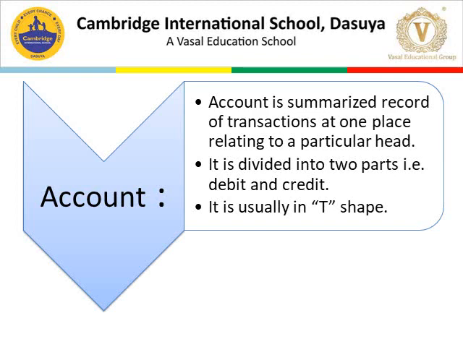It means all the transactions which we do day to day are recorded in the journal, and from the journal they are transferred to the particular account in which they are summarized, and they will be totaled over there so that we can exactly know what is the total expense or income in that account. Second, it is divided into two parts, that is debit and credit. It is usually in T shape.